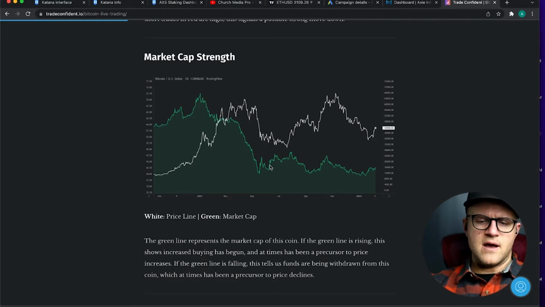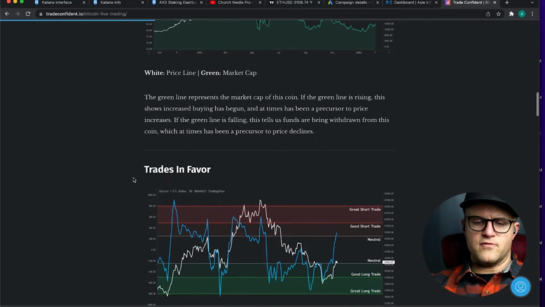And then when you see this coming down, especially when it starts crossing, you're going to have your peak soon. So this didn't happen quite as much in the second peak that we had in 2021, because the dominance has stayed pretty consistent, guys. So that's just something to look out for.